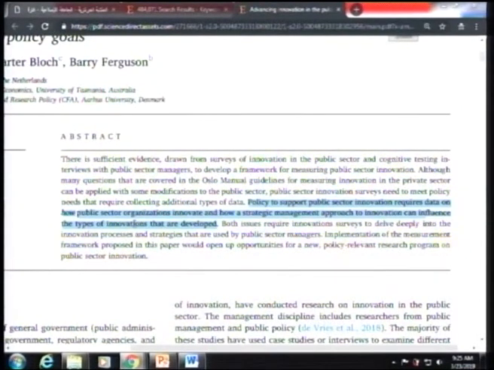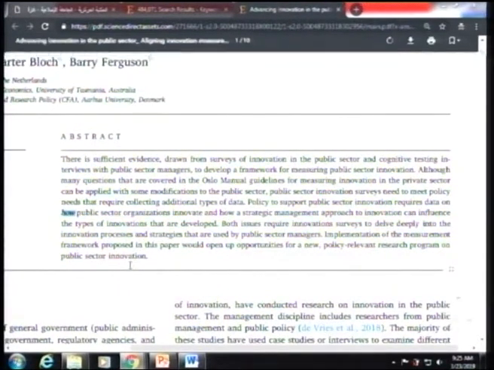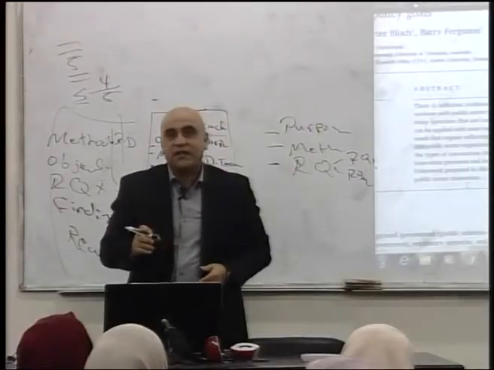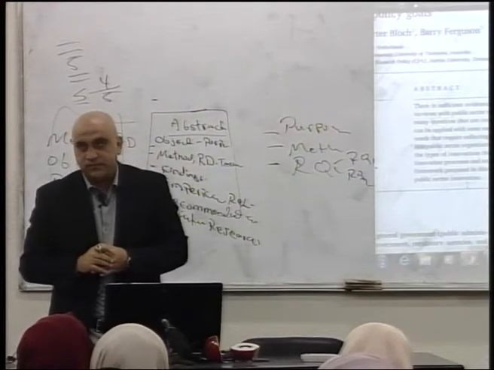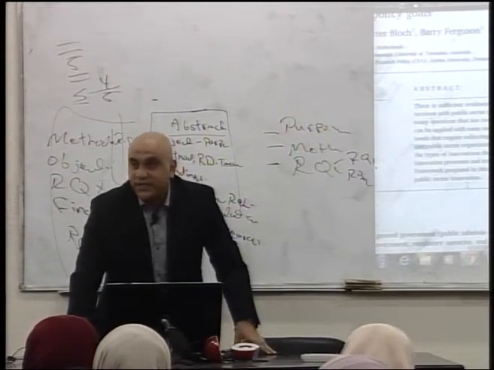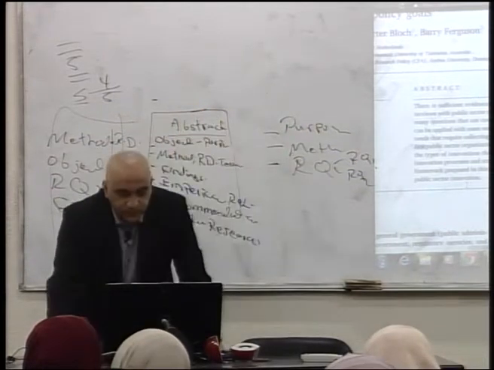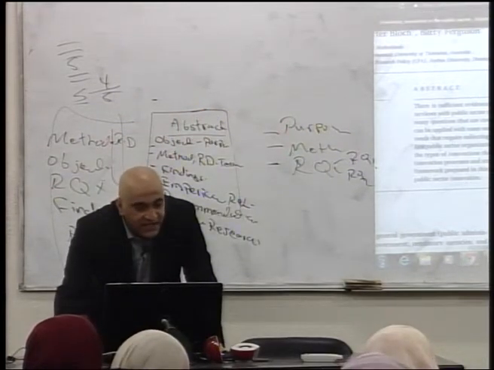We have 2 research questions, to support public innovation policy. Remember when we said the research question starts with WH: on how public sector organizations innovate, and how strategy can influence the types of innovation that are developed.